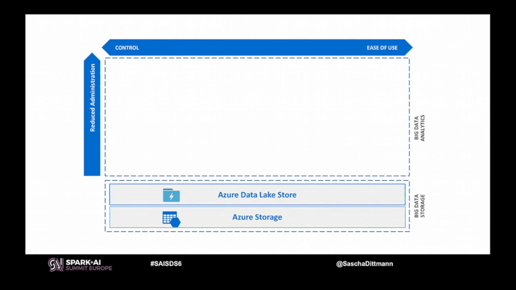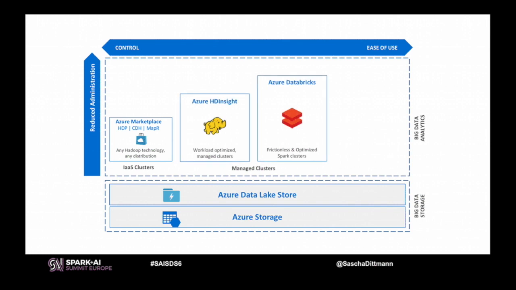On top of that, you can provision pretty much any other service. First of all, of course, marketplace offerings, pure standard Hadoop workload, like Cloudera, Hortonworks, MapR, and so on clusters, and of course, also classical Spark workloads. But you're still on an infrastructure as a service level. Up next are two managed services.